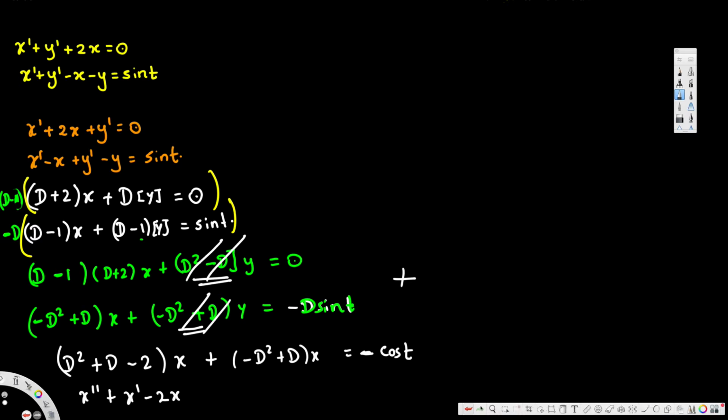So negative x double prime plus x prime is equal to negative cos t.